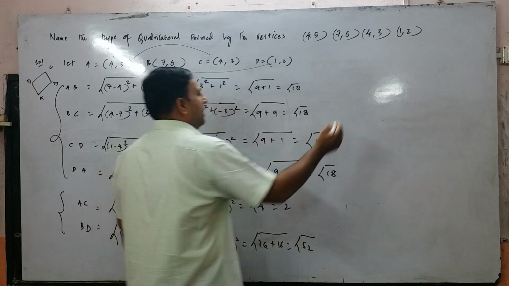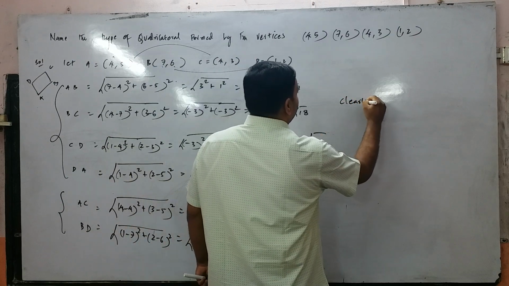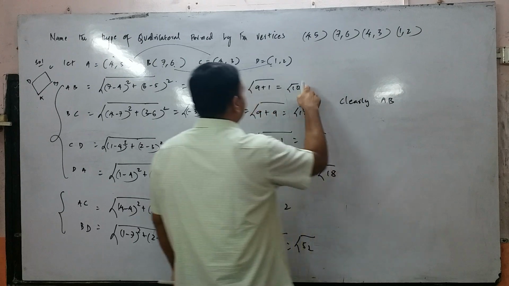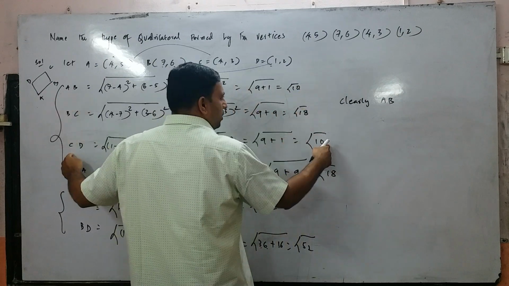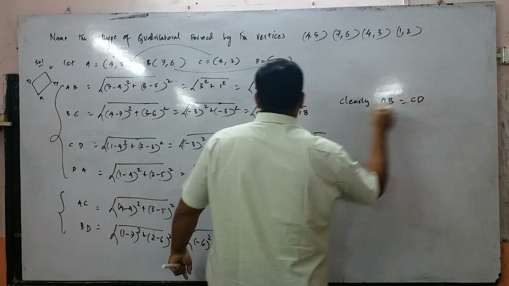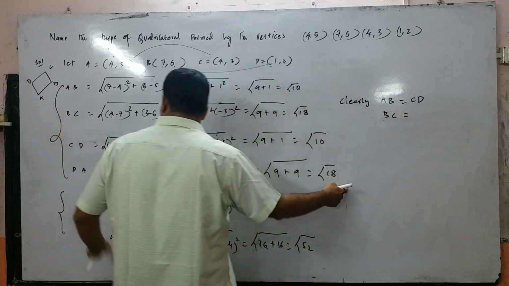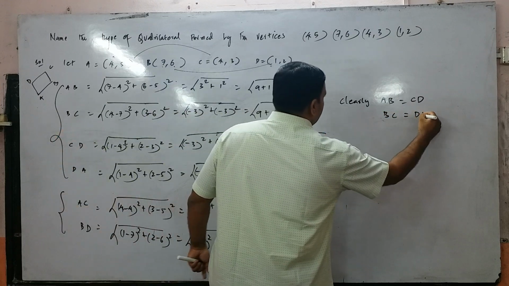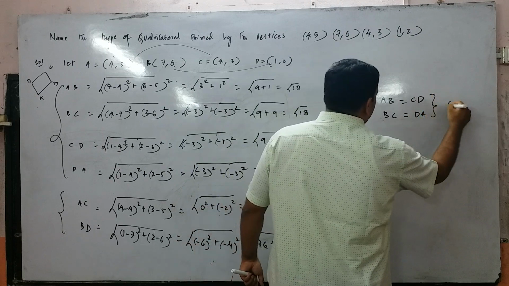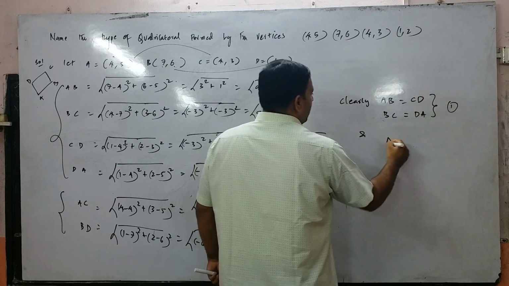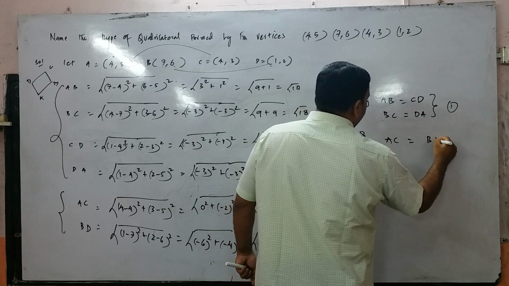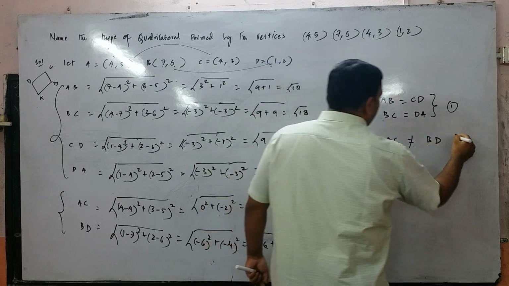Now you write the condition clearly. Distance AB is equal to CD, and distance BC is equal to DA. This is our condition number 1. And diagonals AC and BD, are they equal? They are not equal. Condition number 2.